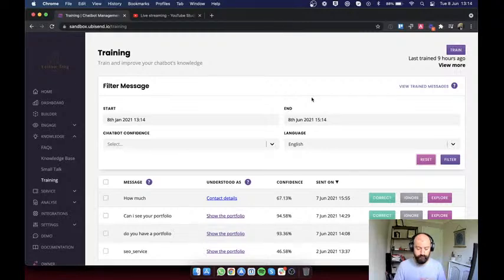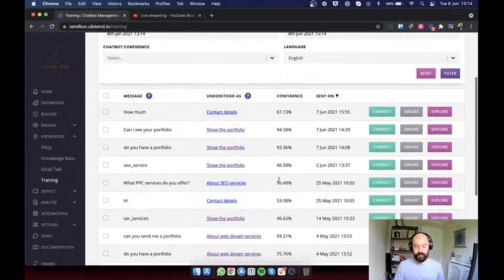That's good. It basically shows us a table of what the message was, what the bot understood the message as, its confidence score on that specific understanding of the utterance, and then a timestamp. If we take an example here, we can see, can I see your portfolio, which was the message the user sent.